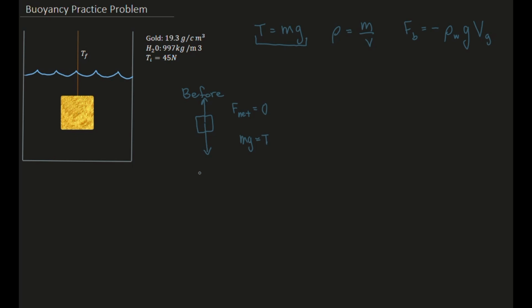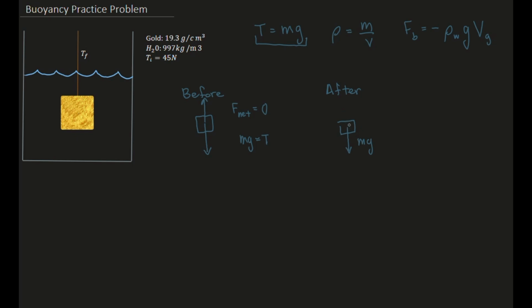After is what we're really interested in. After the block is submerged into the water, we still have a force pulling it down due to gravity, mass times gravity, and that's actually the same force. You get lighter underwater, not because that force has changed, but because the buoyancy force is acting in opposition, and that's due to the density of the water.